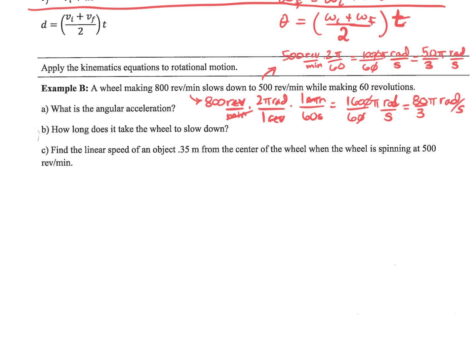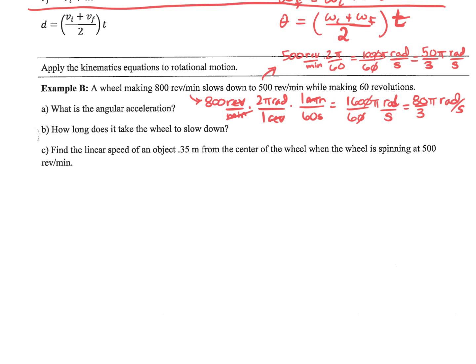I know I went through that pretty fast, but I'm assuming most of you can do unit conversion from math and physical science or chemistry. I just left it as 80 pi over 3.